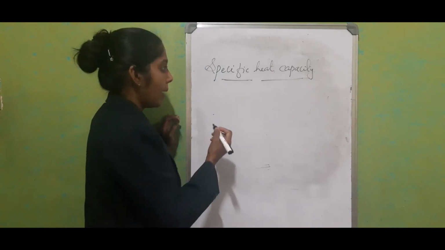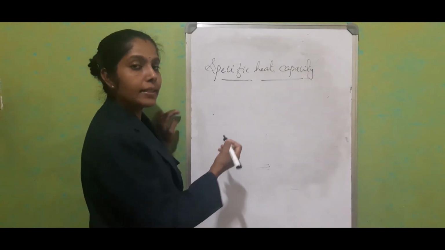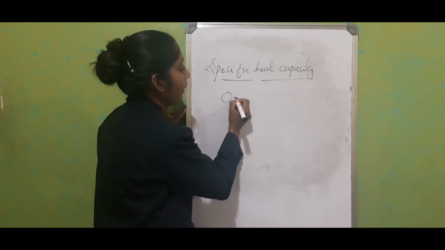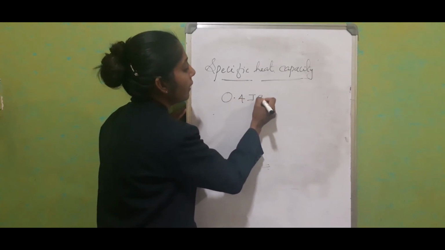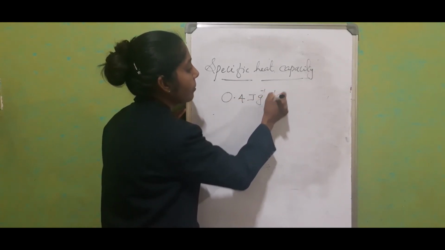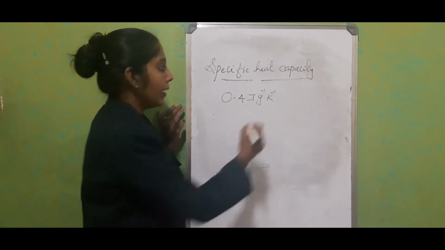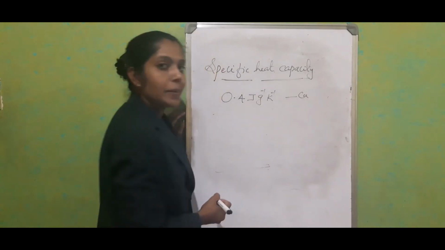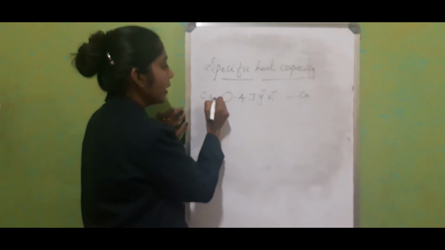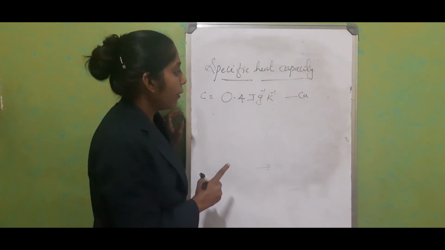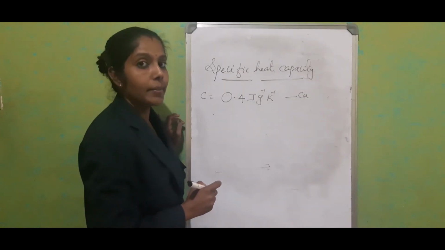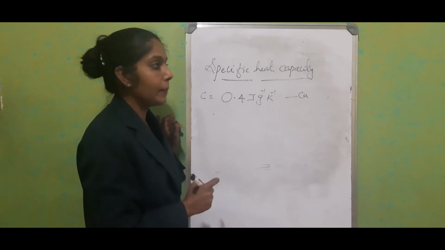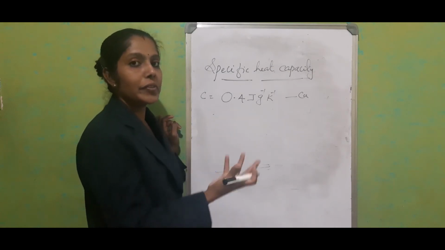Just consider an example. The specific heat capacity of copper is represented as 0.4 joule gram raised to -1 Kelvin raised to -1. What does it mean? Normally we see such kinds of questions in board papers.